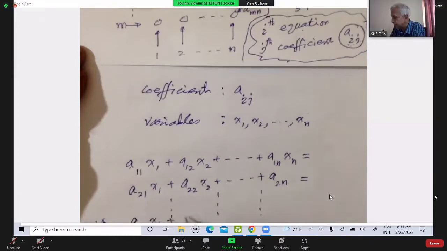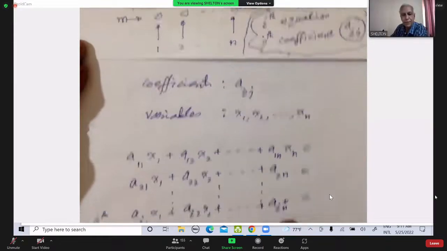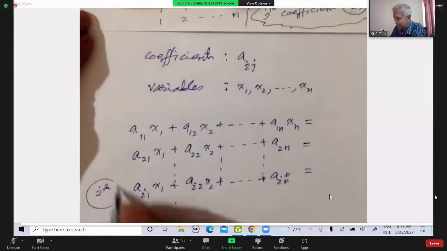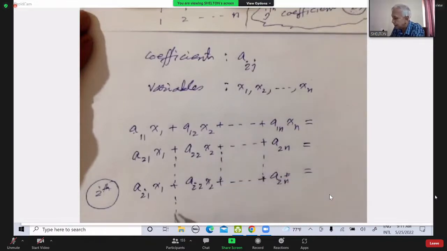Ai1 x1 plus Ai2 x2 plus, the last one, Ain, equals something. Usually we don't write the i, but it's there. Then dots here also. The last one is the mth one.